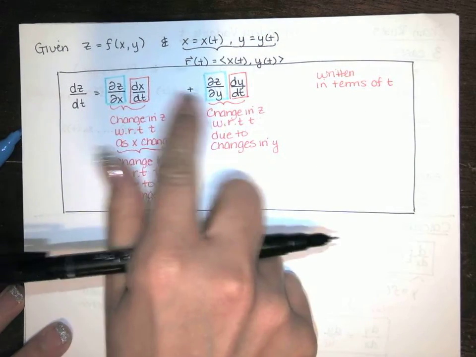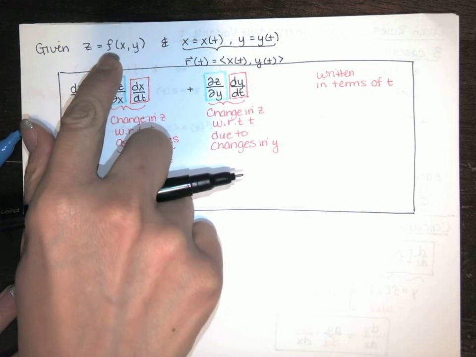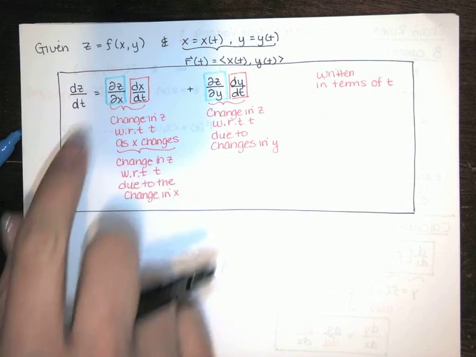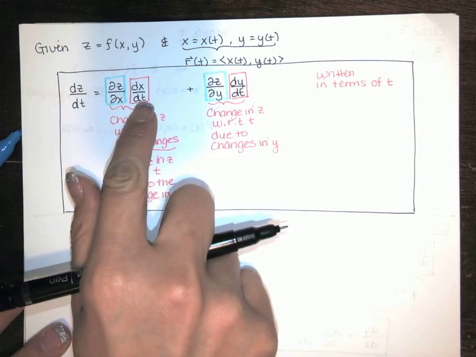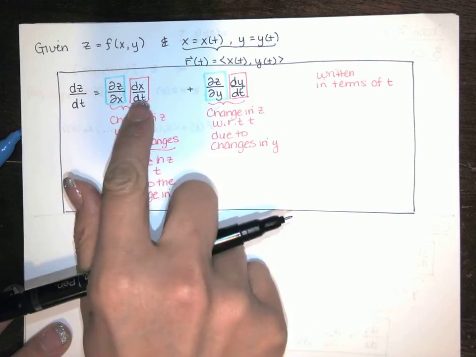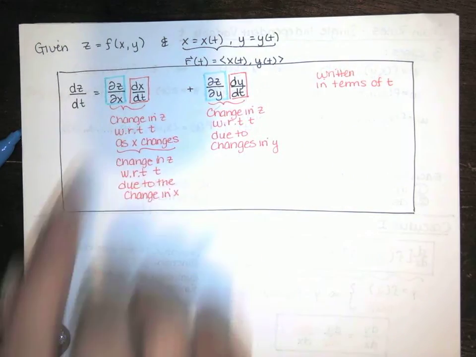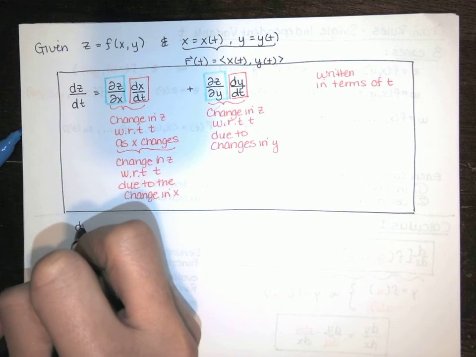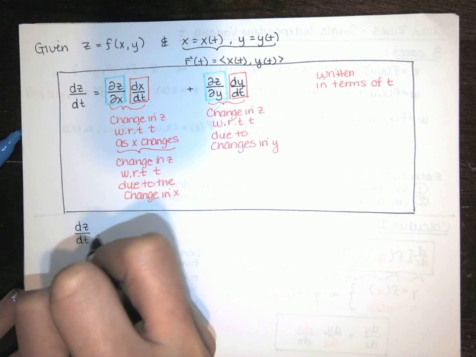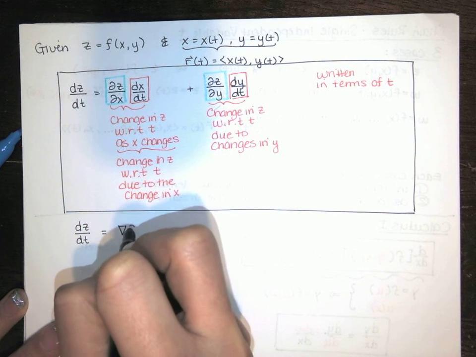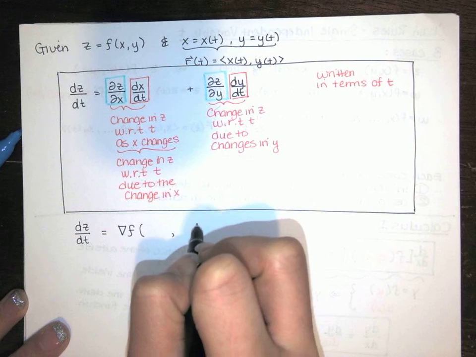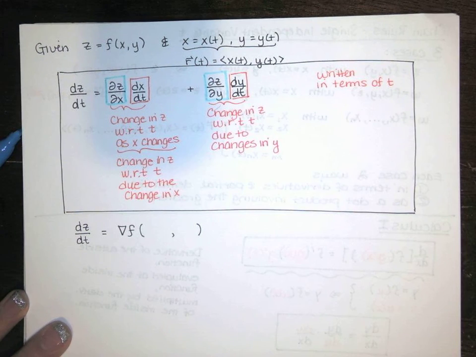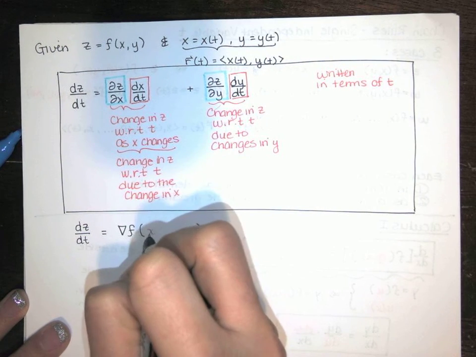And then this is the gradient of f, and I'm taking that and dotting it with not r, but the derivative of r. So another way of stating this is to say dz/dt is the gradient of capital F evaluated at x of t, y of t.